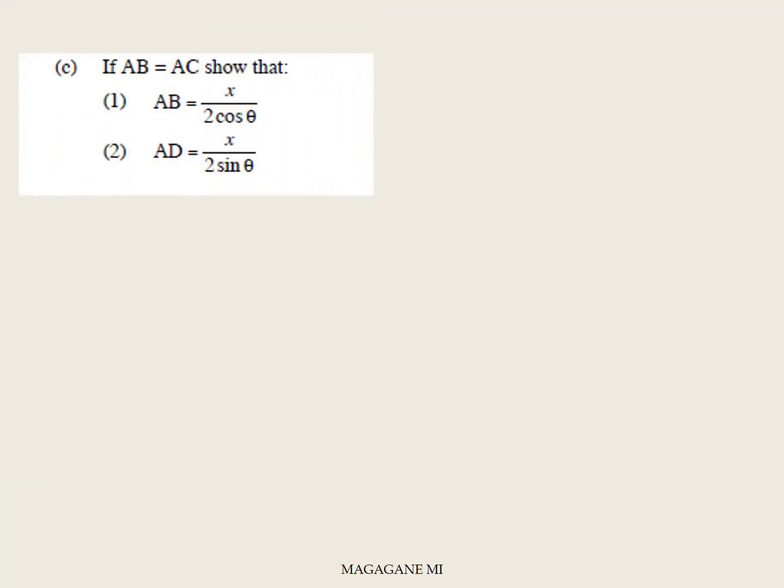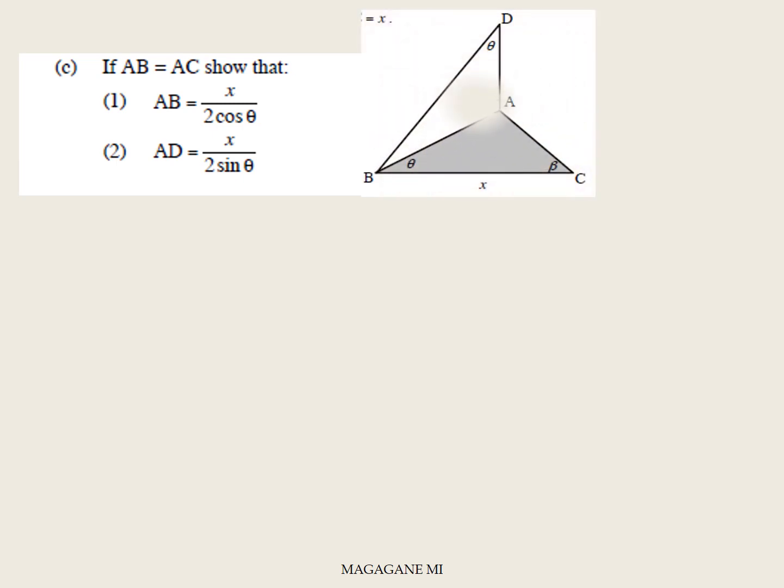In the next question, we want to use the previous question to calculate AB and AD. Given that AB equals AC. So since AB equals AC, we know that angle beta equals angle theta.